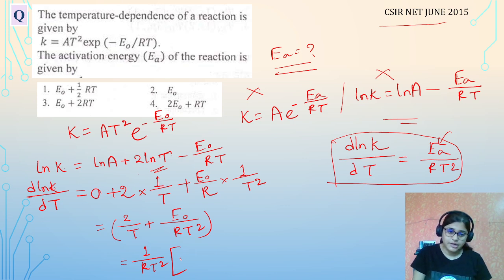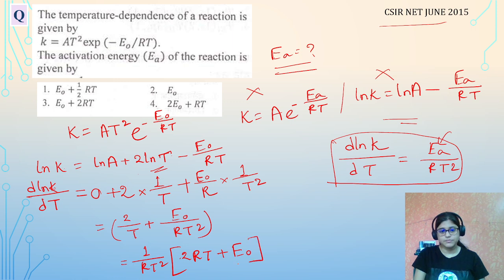If we take RT squared as common, the RT squared will be multiplied in the upper portion. So it will be 2RT, the T will be cut out from here, plus E0. So now this is d ln k by dT equal to that.